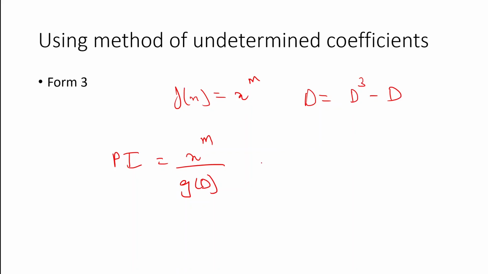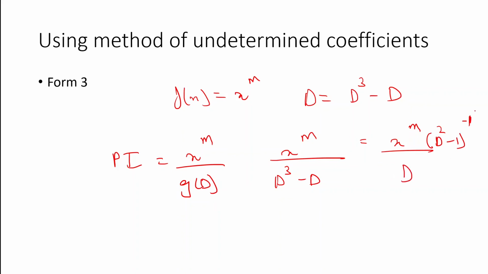So the particular integral equals x to the power m by d cube minus d. What we'll do now is take the reciprocal of this. So this becomes d square minus 1 to the power minus 1, and this is d.